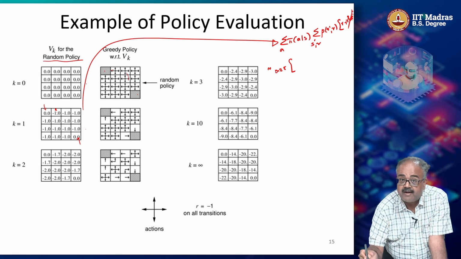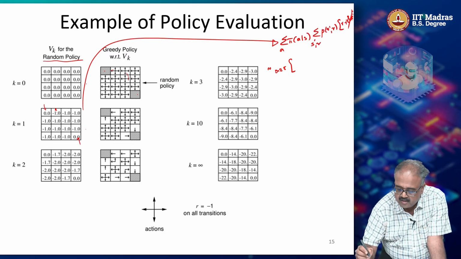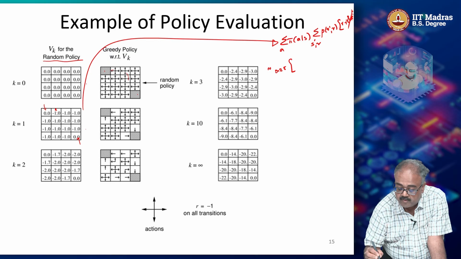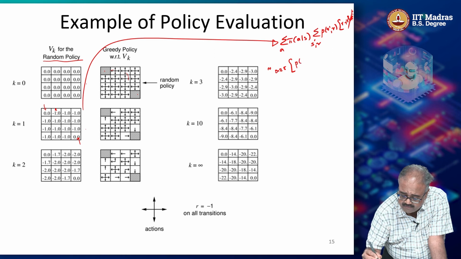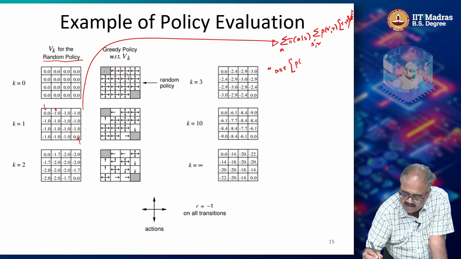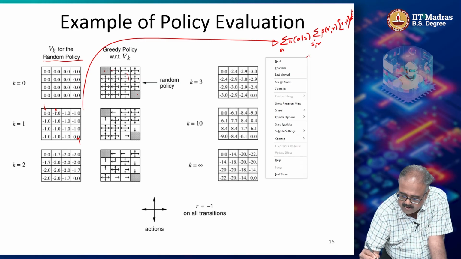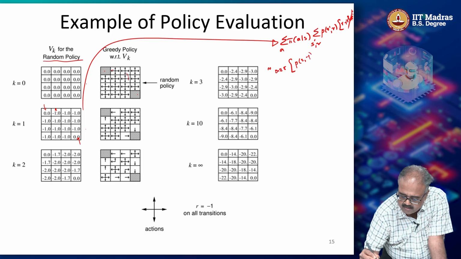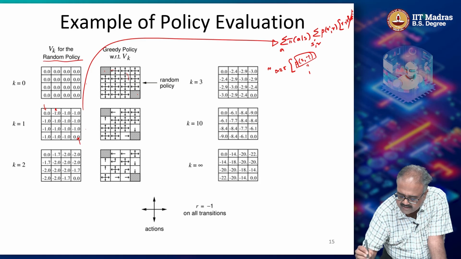And what about gamma V of S prime? We don't care about it. So this is basically the summation over S prime, which is the probability of the same state, comma R, which is -1. This combination has a probability of 1. Everything else has a probability of 0.